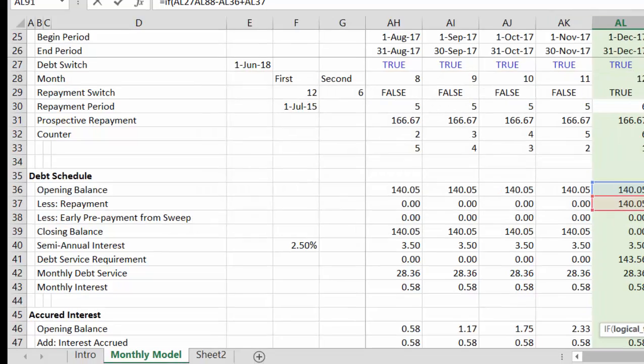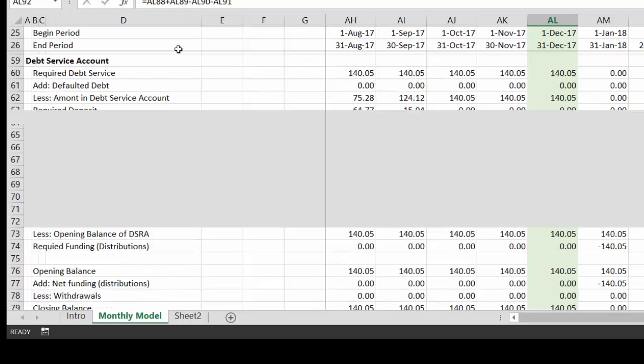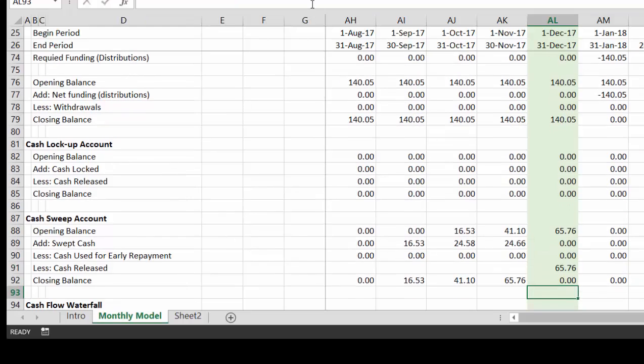Okay, whoops, we need a comma. And finally, this can only be positive. So we take the maximum of this, of 0. I agree that's painful. Let's put that over to the beginning.